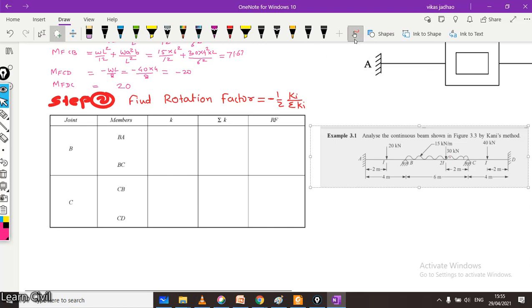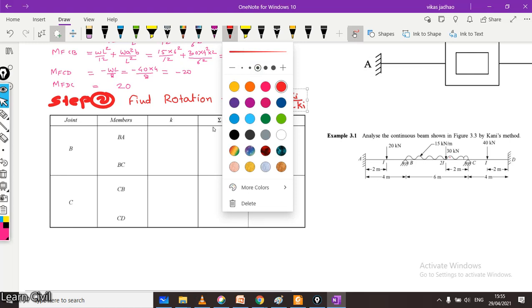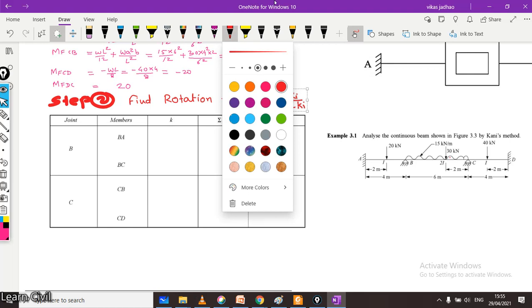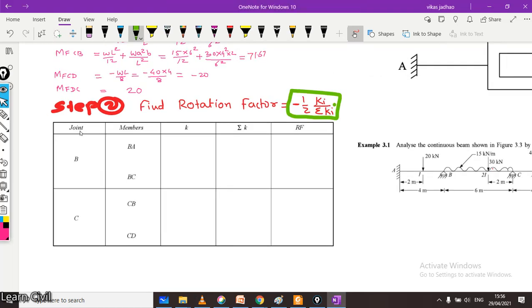So rotation factor is equal to minus half into Ki divided by summation Ki. A table like this, we have to prepare.